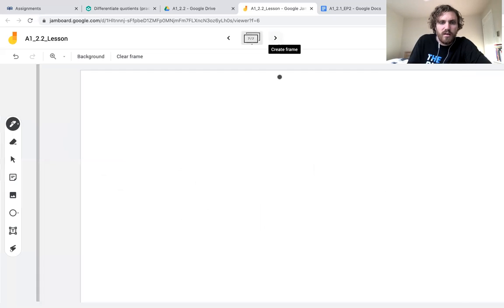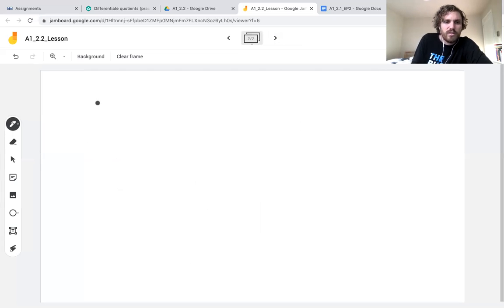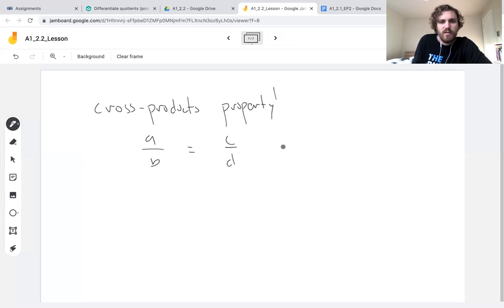To summarize, solving proportions, you can use the cross products property, which is that if you have A over B equals C over D, then you know that A times D is equal to C times B. So that's this product equals this product. And simplify.